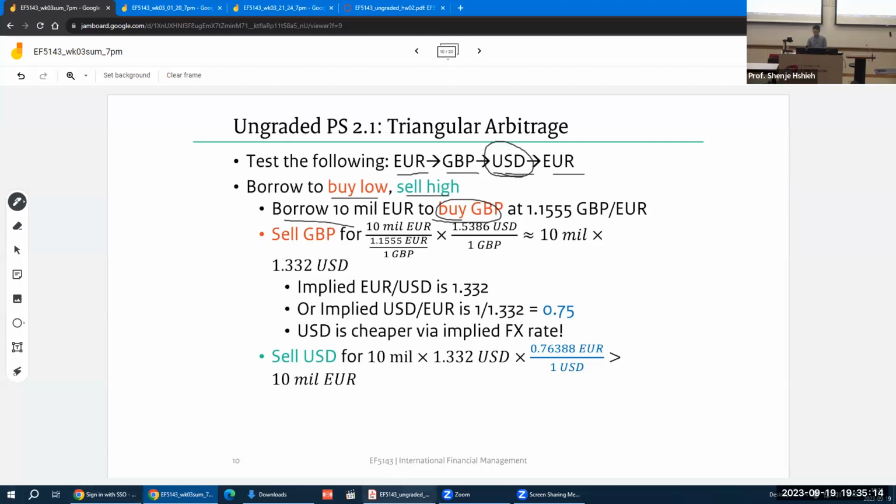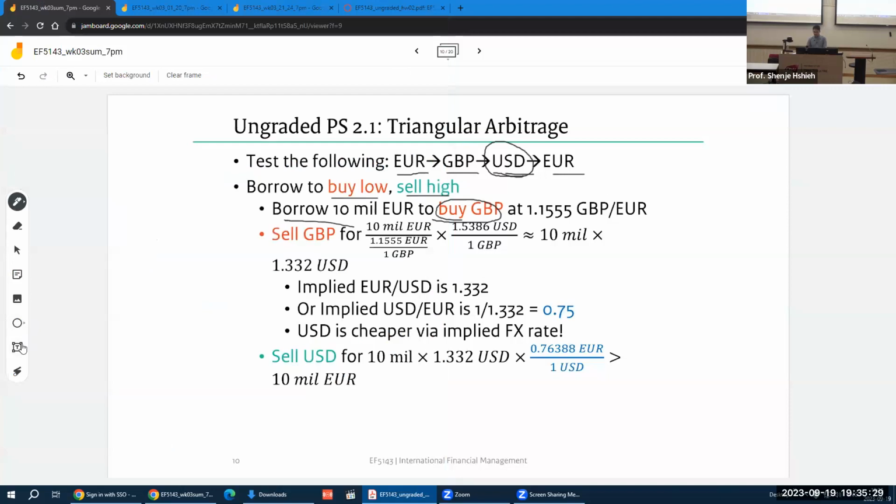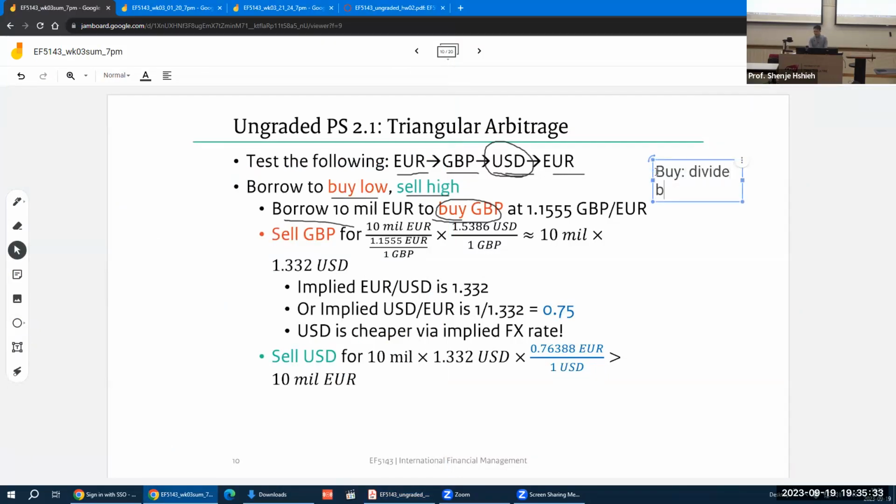Okay, so how am I going to do that? So I have pounds. So if I look at here, I'm going to sell pounds for US dollars. When you sell something, you always multiply by the rate. So maybe that's something to also pay attention to. That may help you. When you buy, you will divide by the quote. If you sell, you will multiply by the quote.